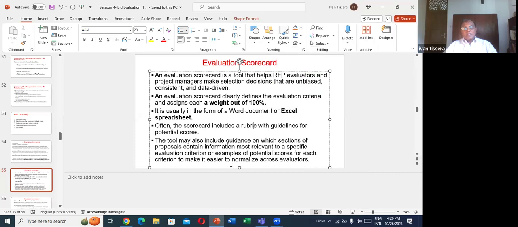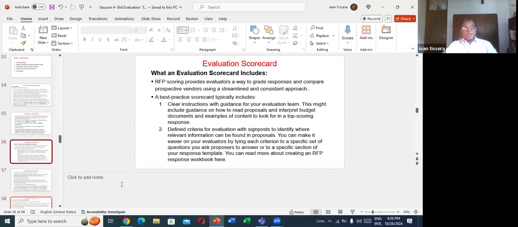Rubric means some heading. The tool may also include guidance on which sections of the proposal contain information most relevant to a specific evaluation criterion, or examples of potential scores for each criterion to make it easier to normalize across evaluators. That's how they are going to use it.